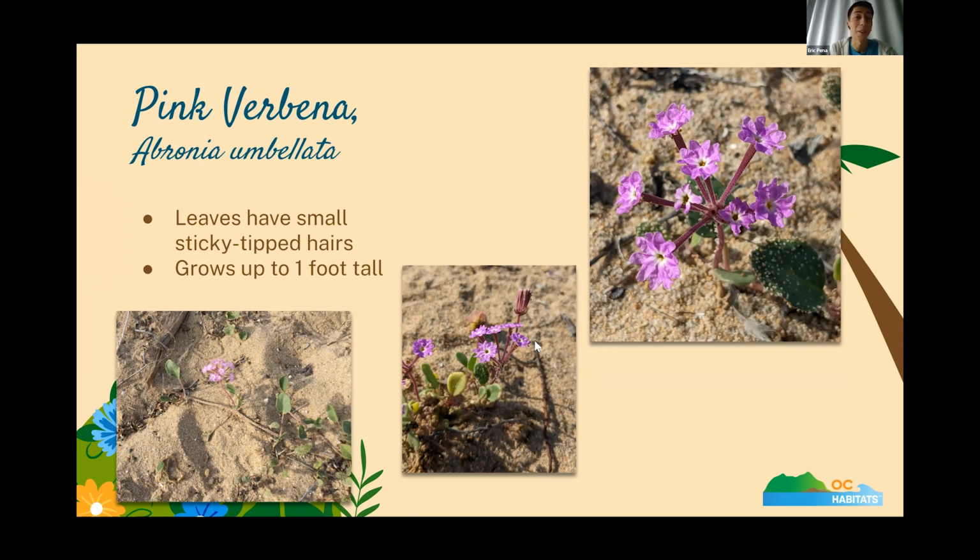One interesting thing to note is that pink verbena can actually be really problematic for coastal dune habitats, and that's because of their sticky leaves. Young juvenile birds like the snowy plovers can actually get caught and stuck and trapped and not survive.